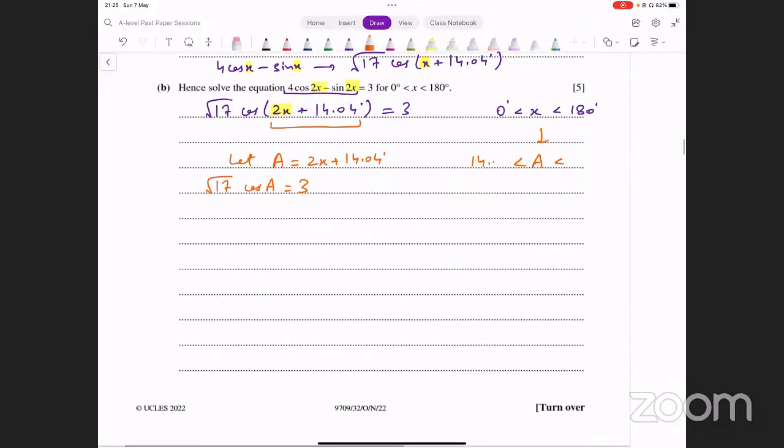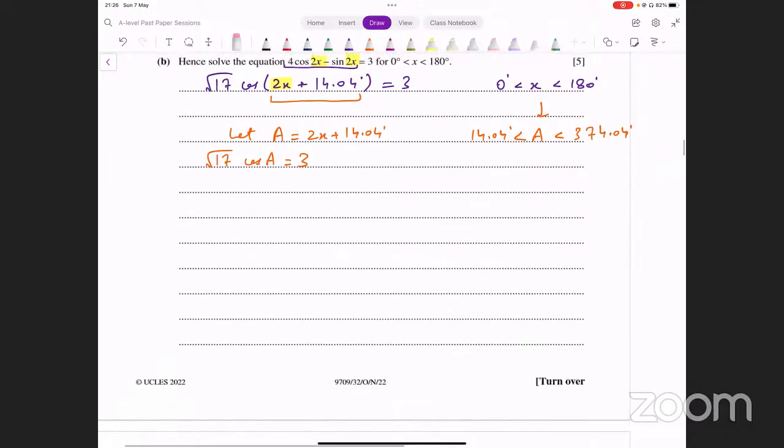That's going to give you 14.04 here. And then if you input 180 here, that gives you 2 into 180, that's 360. 360 plus 14.04, that is 374.04. So जब आप angles देख रहे होगे quadrants के अंदर, you have to make sure that your angle is within this interval. इस interval के अंदर होना चाहिए. जितने भी angles आपके पास आएंगे इस interval में वो आपको consider करने होंगे.